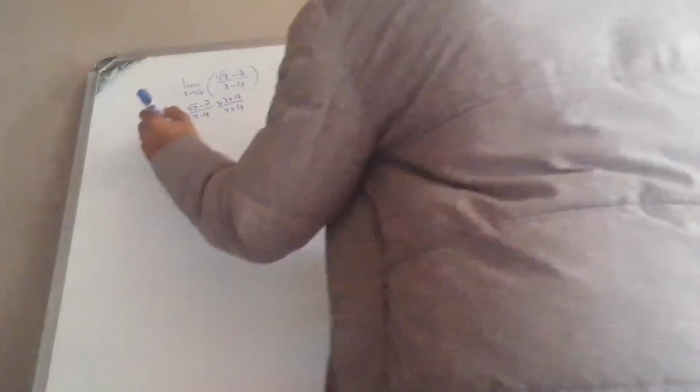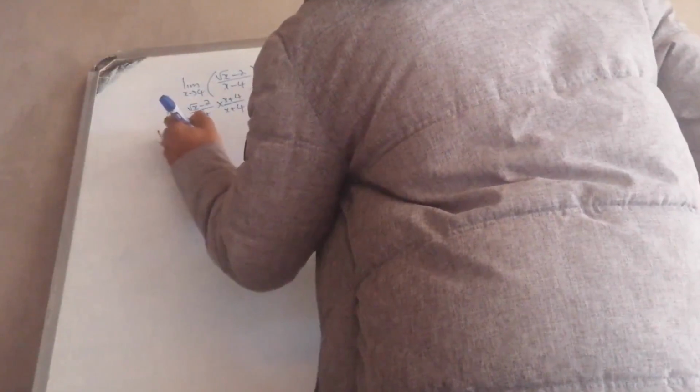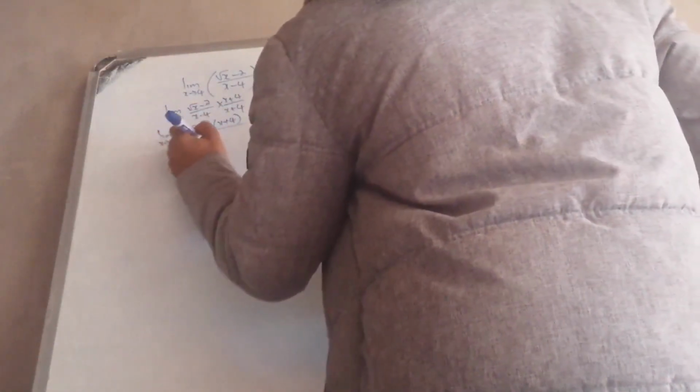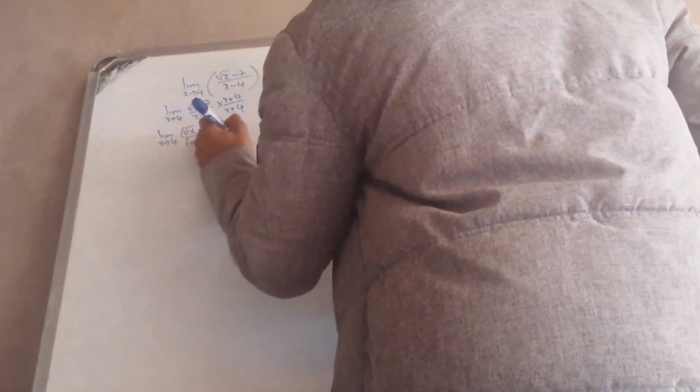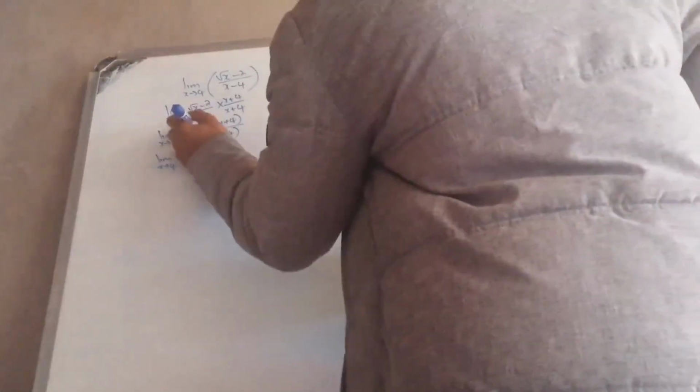And then somebody might say the limit as x approaches 4 of root x minus 2 times x plus 4, over x minus 4 times x plus 4.